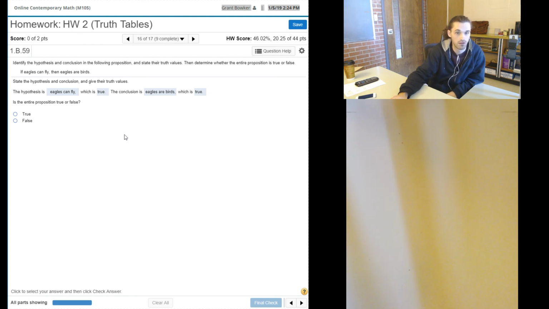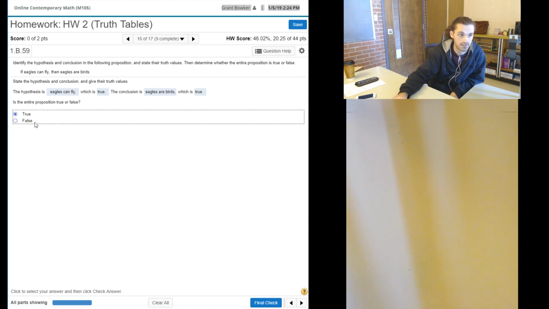Well, a conditional proposition is only false when your hypothesis is true and the conclusion is false. So this would be true. Because the only way it's false is if I have a true hypothesis and a false conclusion. Here I have a true hypothesis and a true conclusion, so my entire proposition is true.